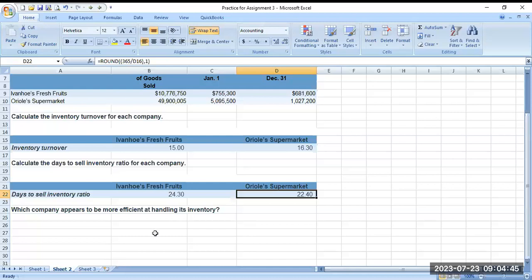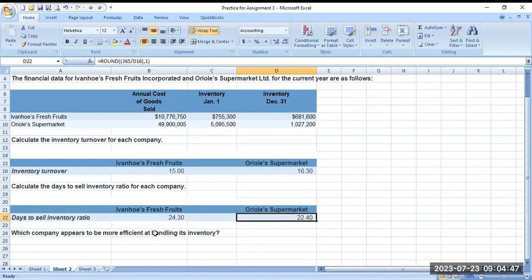So again, in this question, as managers, once we see those numbers, the normal question will be, what can I do to improve those numbers? What will be one possible scenario? Now, the first company is the one having a problem with the inventory. If we increase our cost of goods sold, what's going to happen with our inventory turnover ratio?